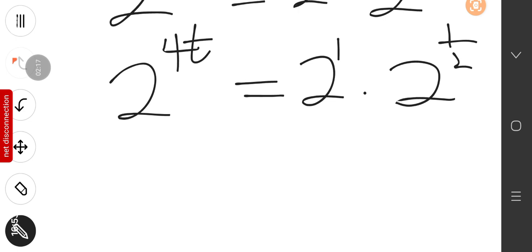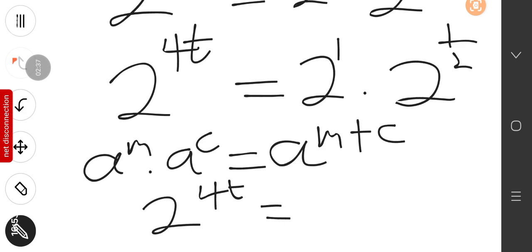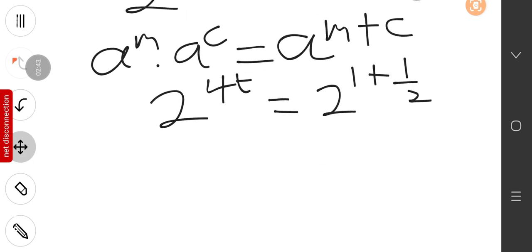Now, let's apply the addition law of indices. If you have a exponent m times a exponent c, you're going to have a exponent m plus c. So in this case, we have 2 exponent 4t equals 2 exponent 1 plus half. And here we are going to apply the one-to-one property of exponential functions.